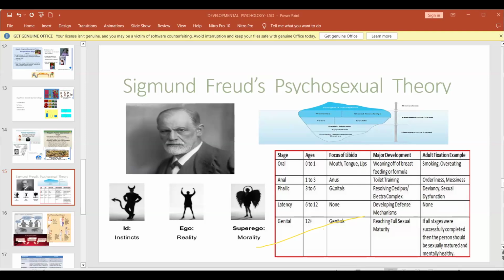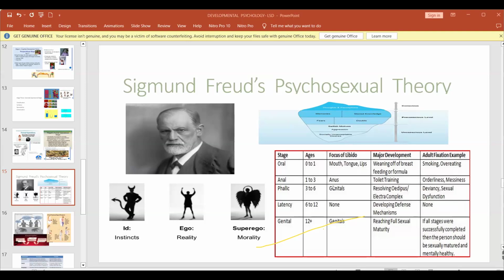I repeat, we are born with bodily desires to be gratified, and these desires are centered around some body parts. The body parts that we need gratification and stimulation in differ at different ages.